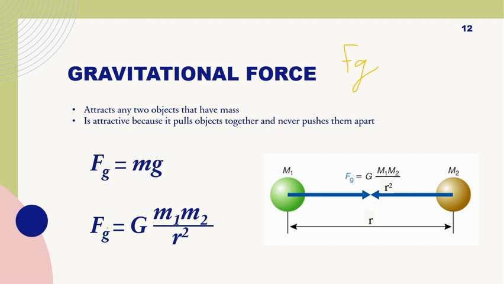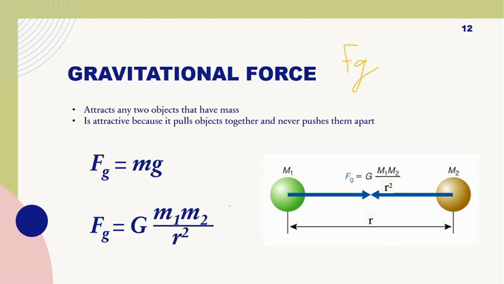Here we've got a second equation, which states that the gravitational force is equal to the universal gravitational constant G times mass 1 times mass 2 divided by the radius squared. Mass 1 and mass 2 are the masses of the two objects that we are trying to measure the attraction between. And r is the distance between the centers of the two objects.